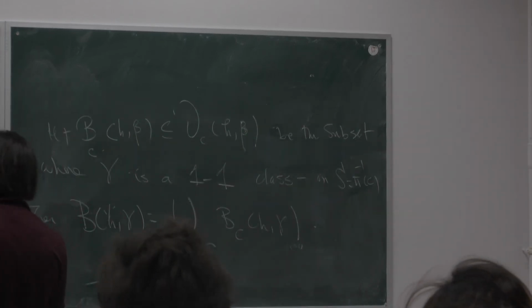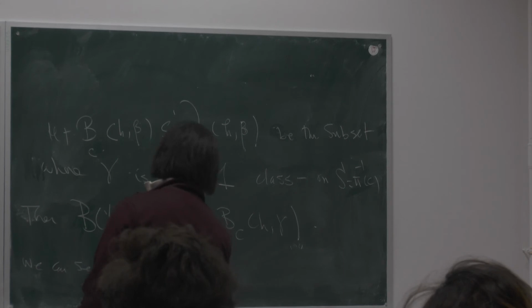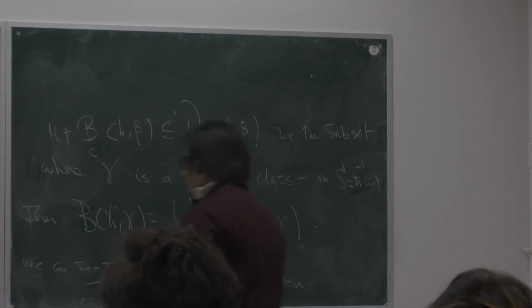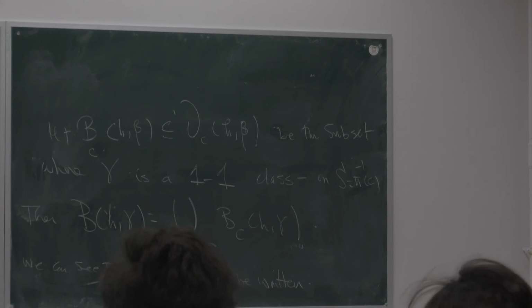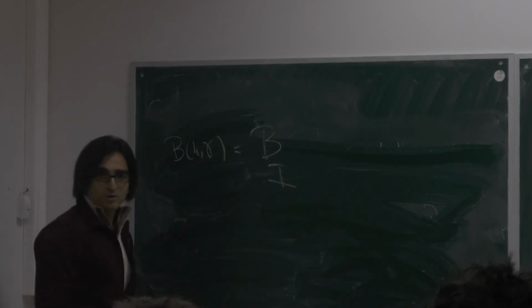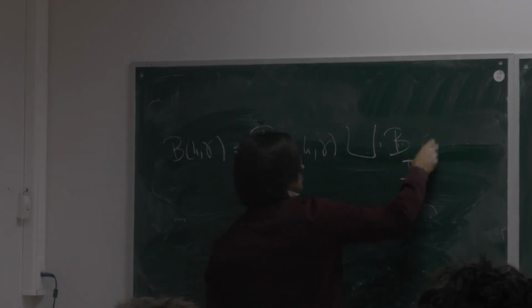And we can see that B_h gamma can be written as a disjoint union of two components, the isolated and the connected ones. So B of h gamma is written as a type 1 component and an isolated type 2 component.